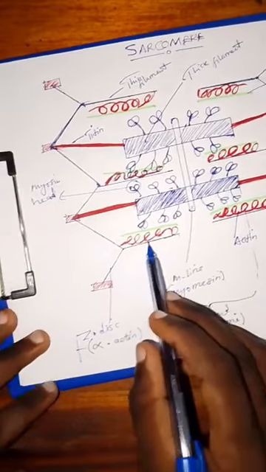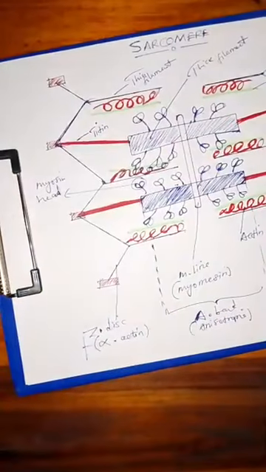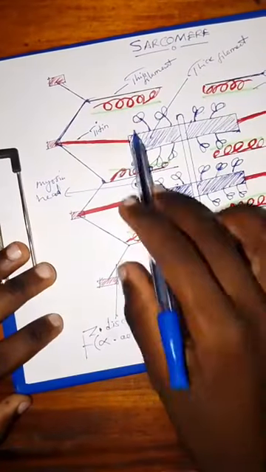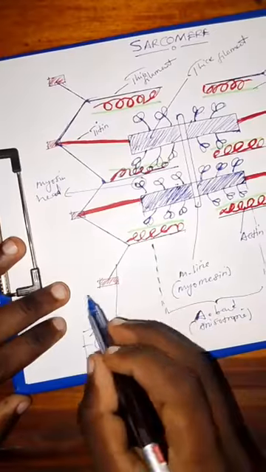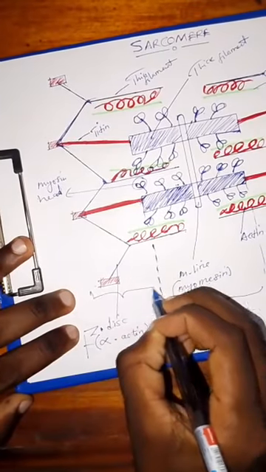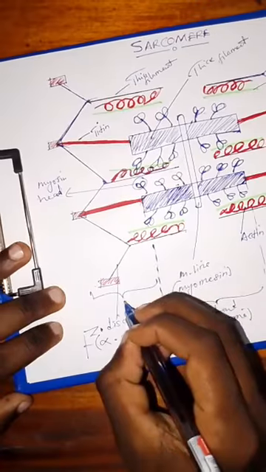Now, from the region where the thick filament is ending up to where the Z disc is, from this region to this region, is called the I band.